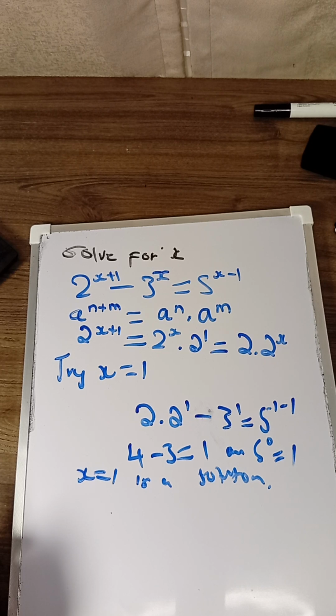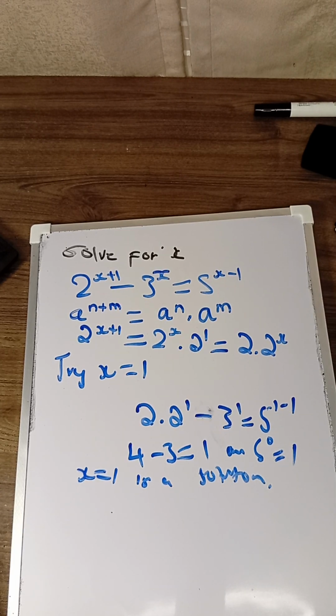Given the exponential growth rates of these functions, the equation balances only at x is equal to 1. For higher values of x, this side will grow faster than this side, so no other solution exists.